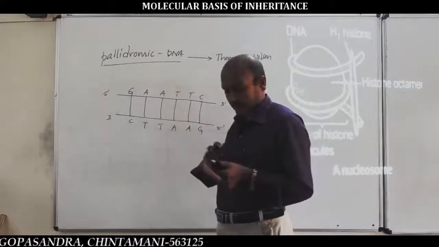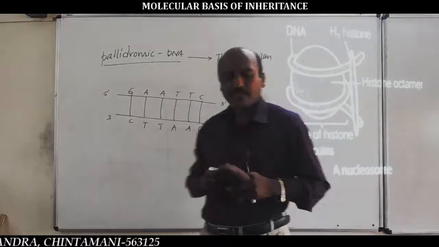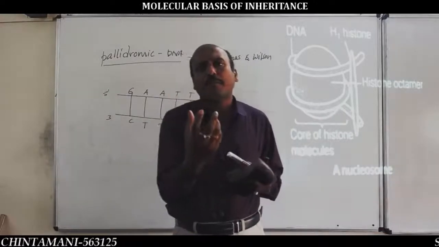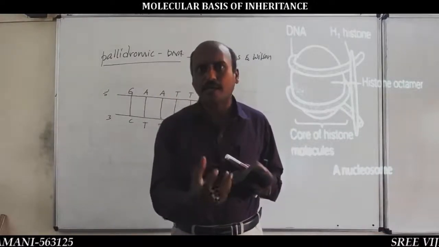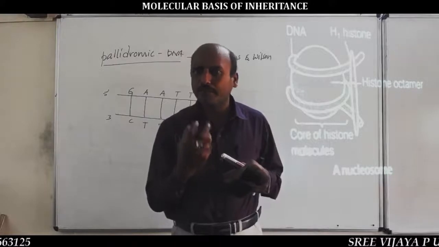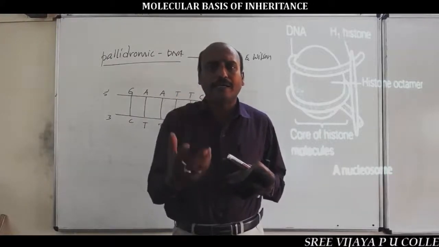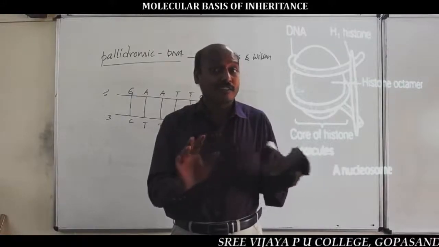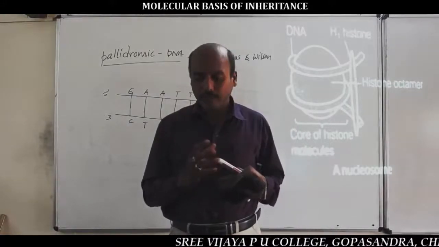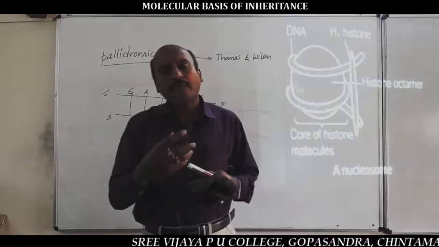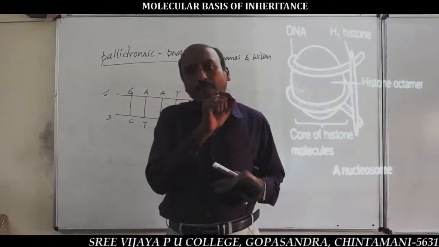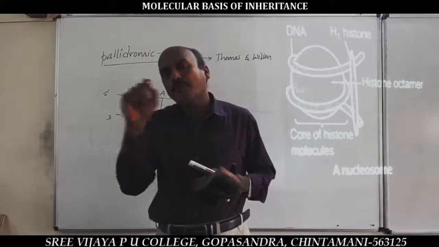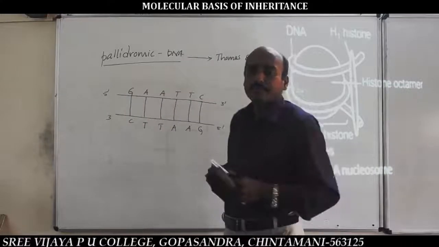palindromic DNA. Dear students, listen here. One simple example, just to make the definition of palindromic DNA easy to understand, is not the DNA nucleotides. There are some words that we can read with the same pronunciation in both forward and backward direction.